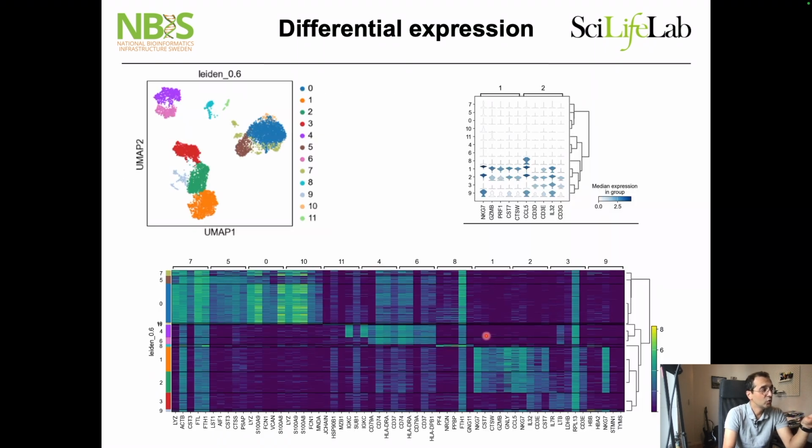And then you make a comparison. When you make a comparison, you can select the clusters, for example, cluster 1 versus cluster 2, that you can see in this stacked violin plot, showing the top 5 differentially expressed genes between these two clusters.